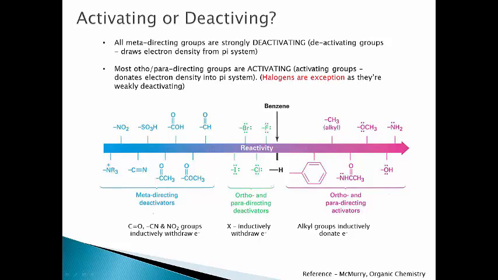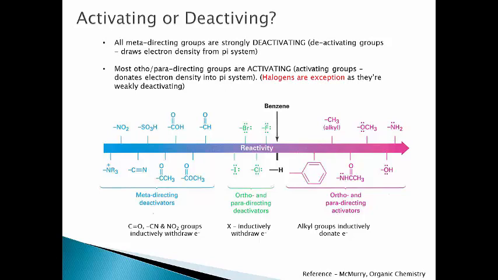Okay, so all meta directing groups are strongly deactivating. Their strong desire for electrons pulls electrons away from that benzene ring onto itself, and it's pulling those electrons away from the benzene ring and making them less available to attack the electrophile.